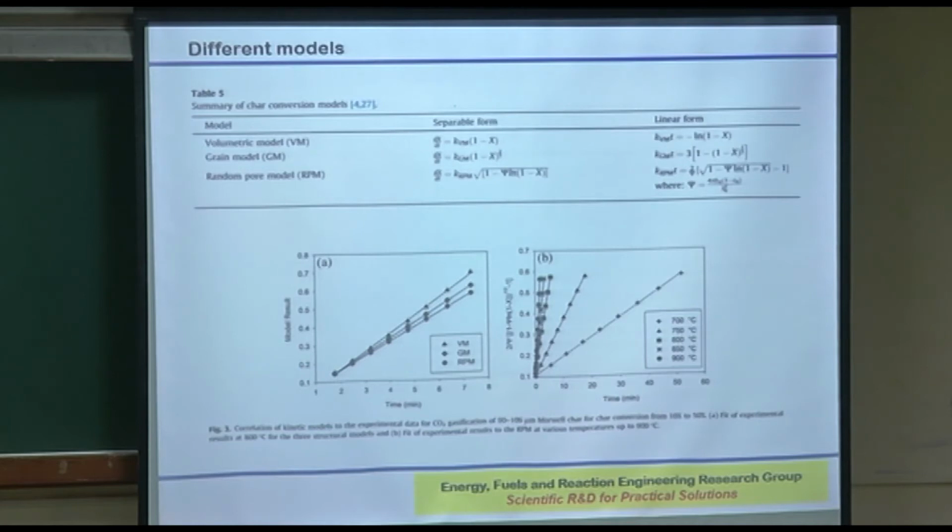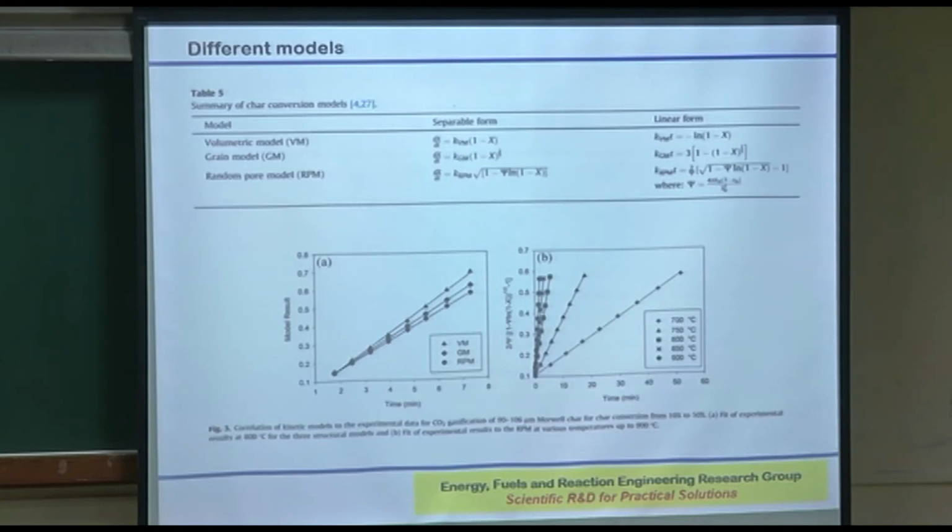So volumetric model, the assumption is that the entire volume of the char reacts in one go with the reactant. Shrinking core model means it is reacting from the surface only, and then the surface char is gone, the next surface is exposed, the next surface is exposed, etc. So it's a shrinking core or the grain model. And the other one is the random pore model.